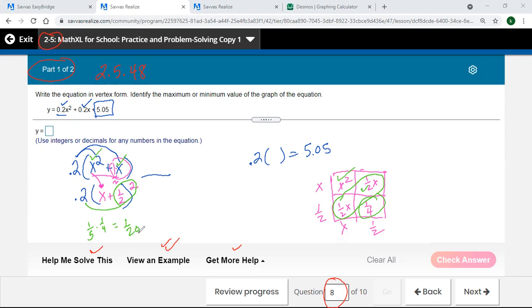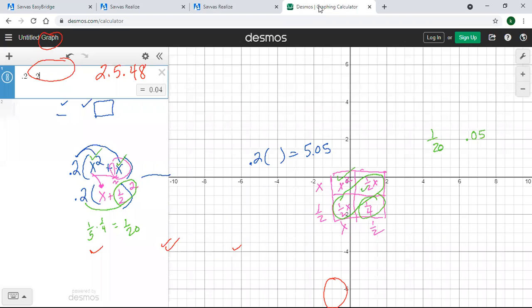Whew. Let's see what that 1/20th is. If I change that, I think that's 0.05, but we can go over to Desmos if you're not sure. 1/20th.